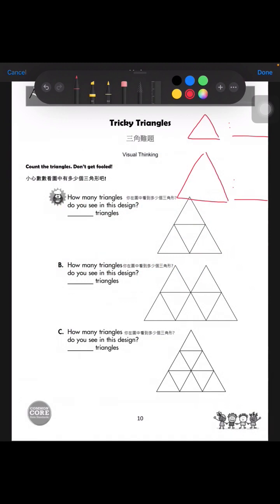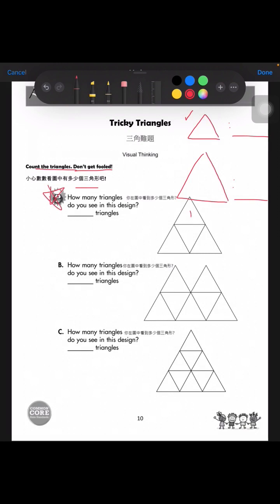And here comes the last question on page 10. Can you help me count the number of triangles in question A? Don't get fooled. So how many triangles do you see in this design? We can first find how many small triangles there are. So how many small triangles are there? Let's count.